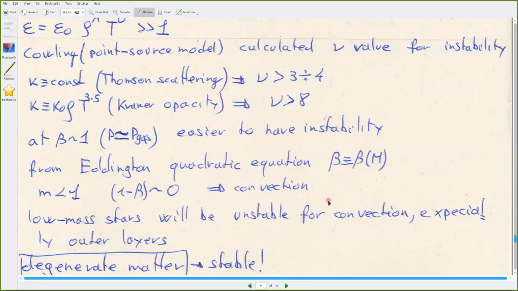In fact, stars like the sun start to have the outer part of the envelope in convection, and in stars with lower mass, this convection starts to penetrate deeper and deeper, up to the smallest stars. They are essentially completely convective.